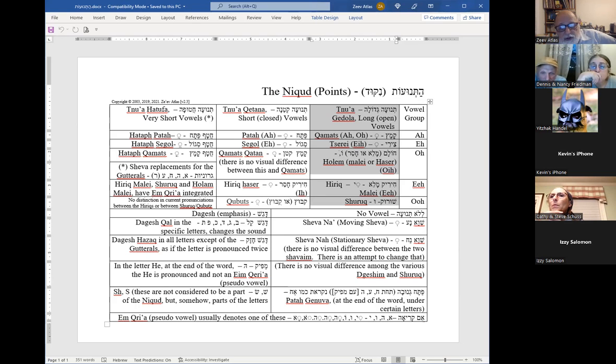I don't know about any difference between the chirik malay, which is the tnuah gdola, and the chirik chaser. I know that there are some Ashkenazi dialects that insist that shuruk is something like i, rather than u. Again, dialects are dialects, and we can do nothing about it.